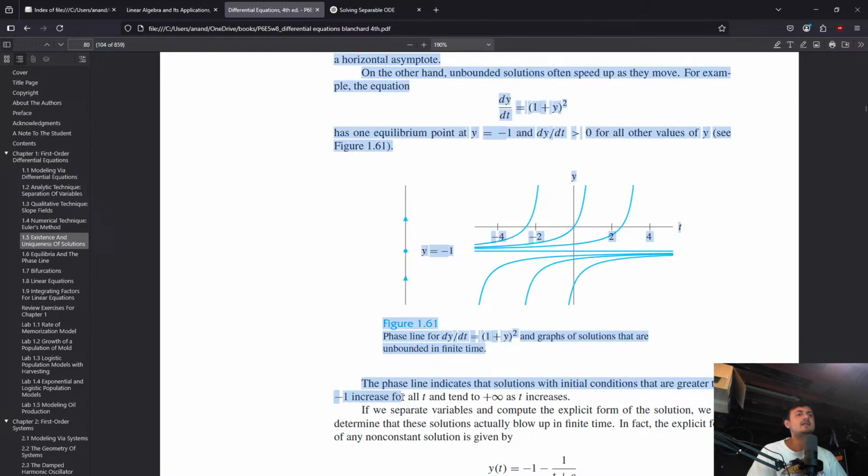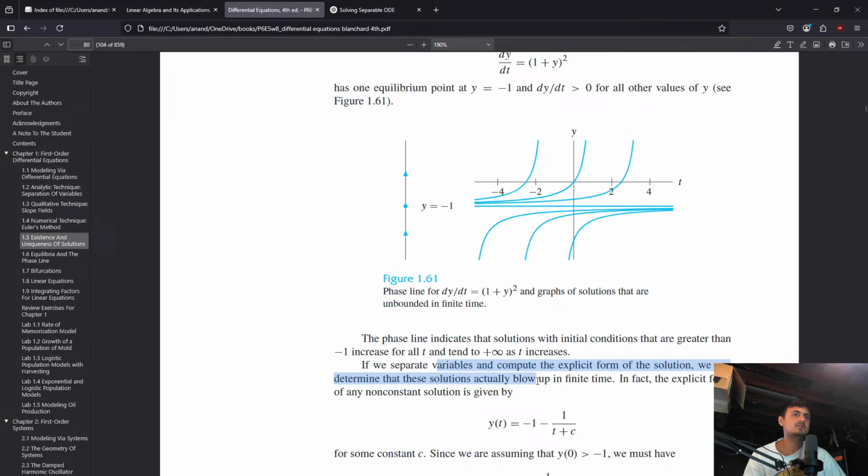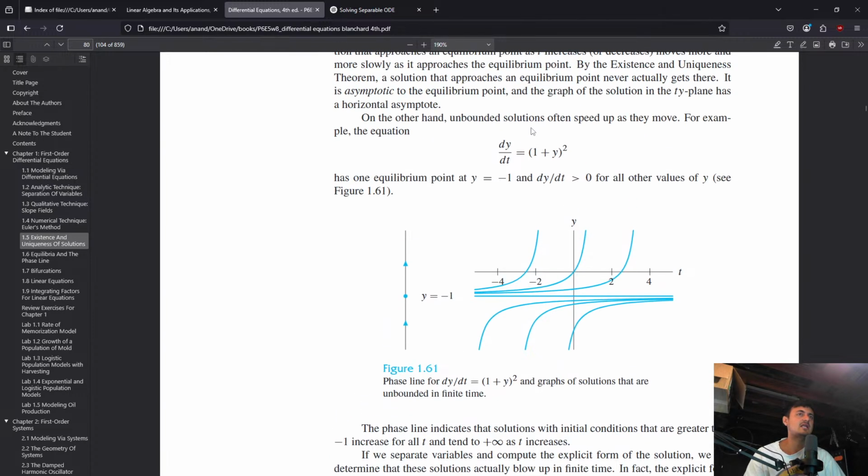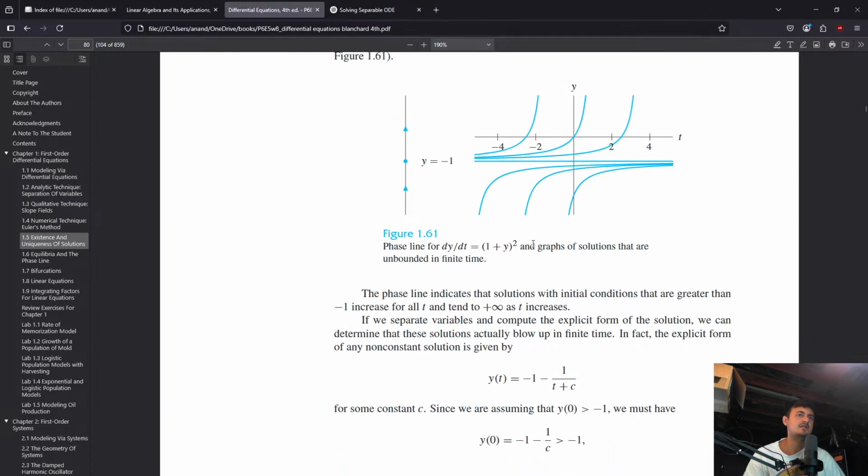The phase line indicates that solutions with initial conditions greater than -1 increase for all t and tend to positive infinity. If we separate variables and compute the explicit form of the solution, we can determine that these solutions actually blow up in finite time. That's crazy to me that we have a simple differential equation and it blows up like this.